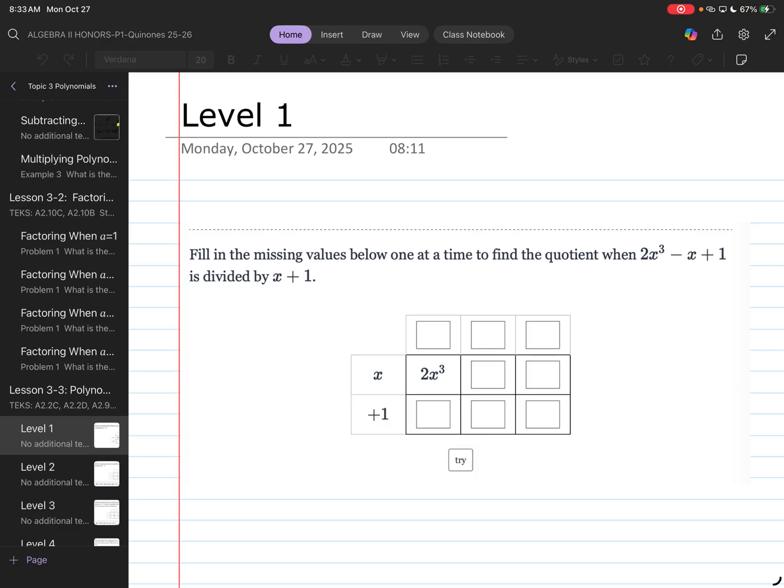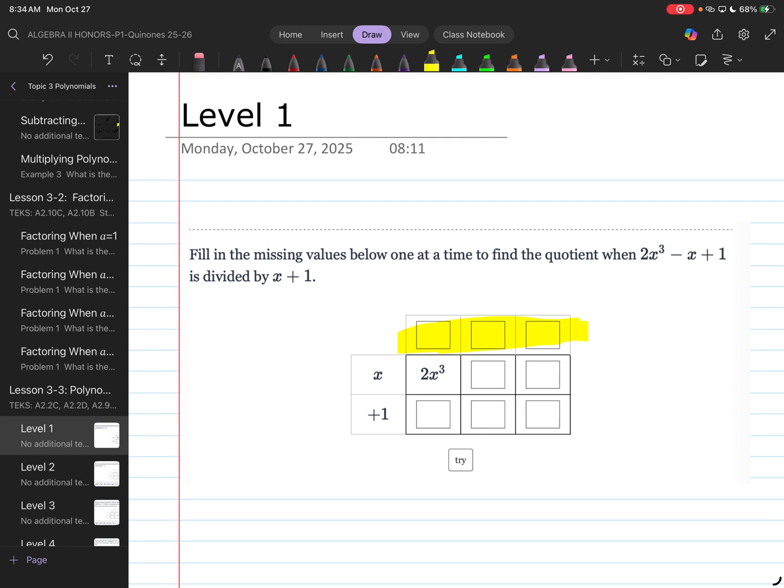So let's get started. We are asked to find the division of 2x cubed minus x plus 1 divided by x plus 1. Well, thankfully, it's already set up for us, right? We have the divisor x plus 1 right over here. And our goal is to try and figure out this section.